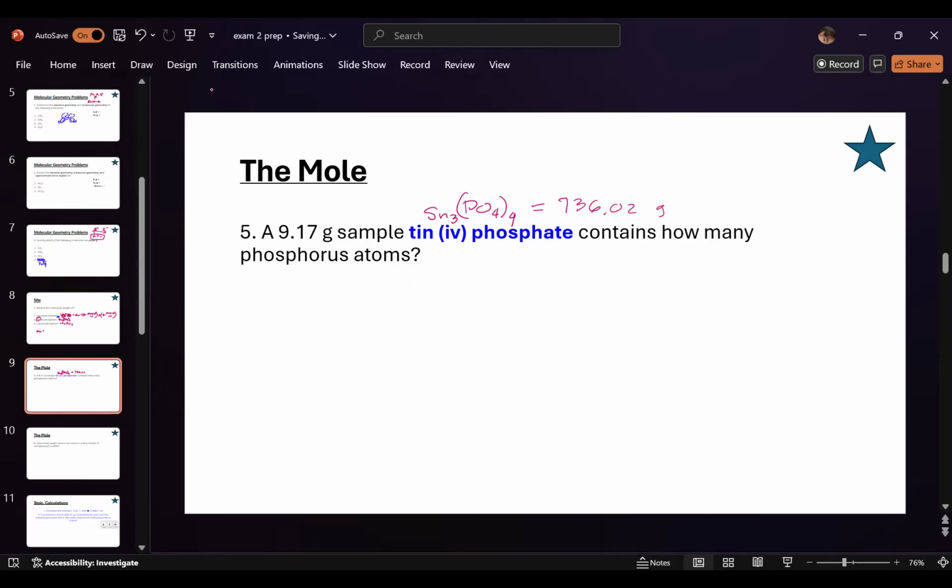Now, how do you even start? We'll start with the given. First step is to translate the name to symbol. Second step will be calculating the molecular weight.